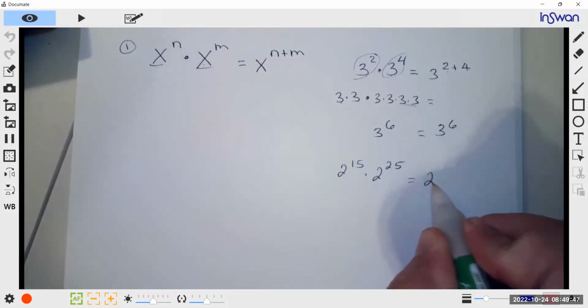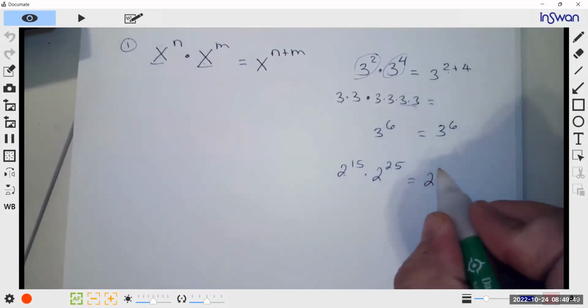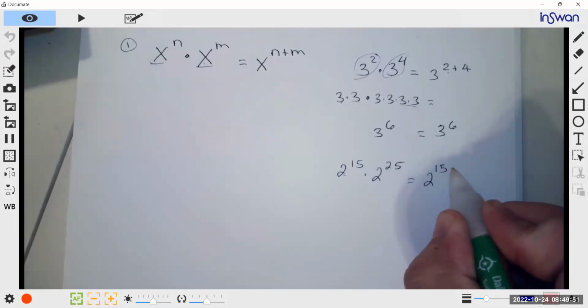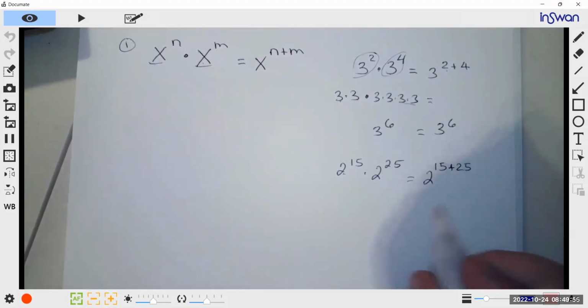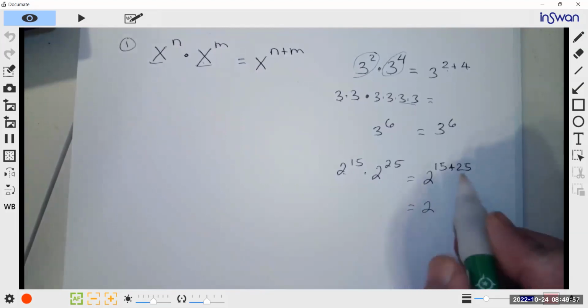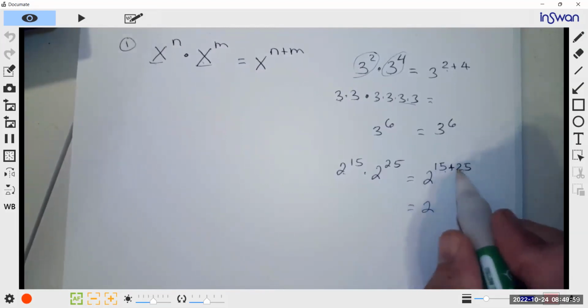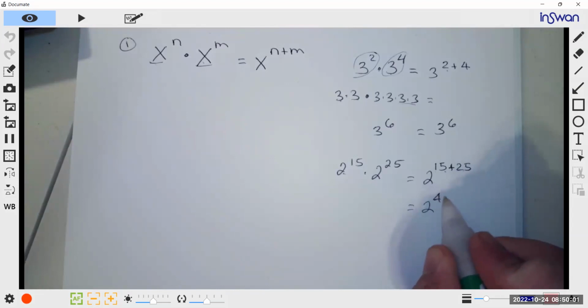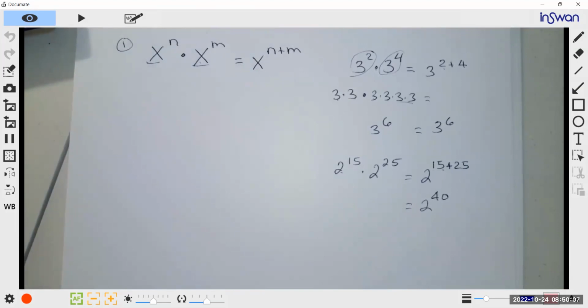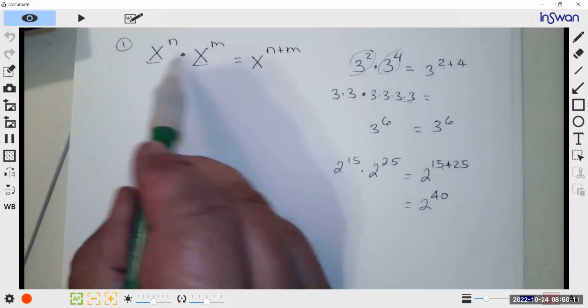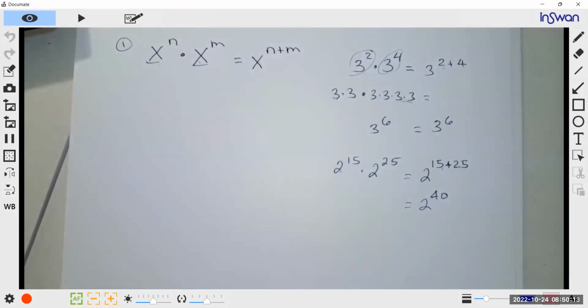No, since they're both the same bases, you're going to add the exponents. 25 plus 15 is 40. Okay, so that's the first rule. Whenever you're multiplying the same bases, add the exponents.